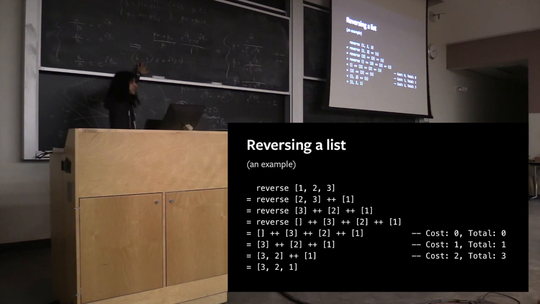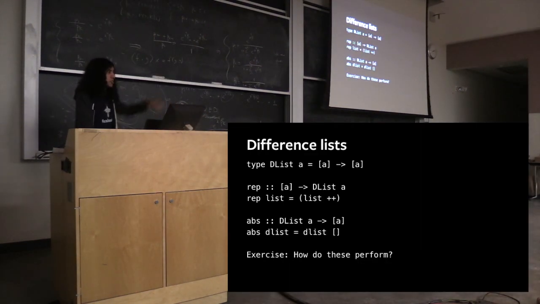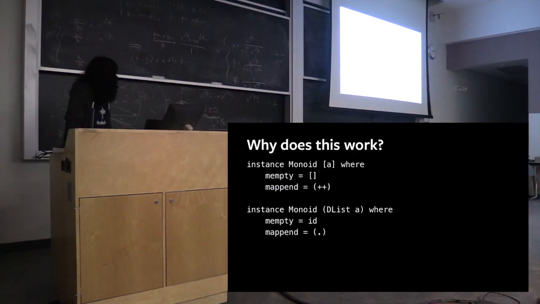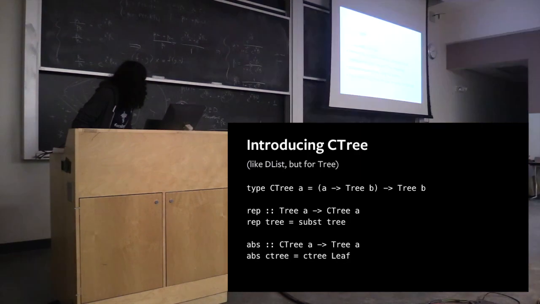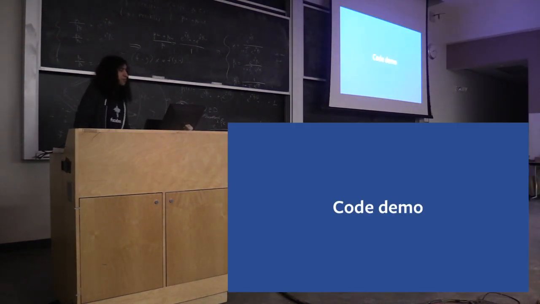That's just a constant cost, right? All of the actual work is done when you apply these functions, when you finally provide that x. And that's what happens when we apply our Dlist to the empty list here. Okay, so that's how we get faster trees.